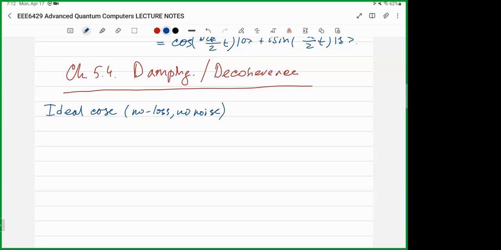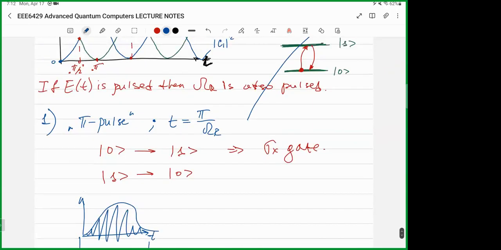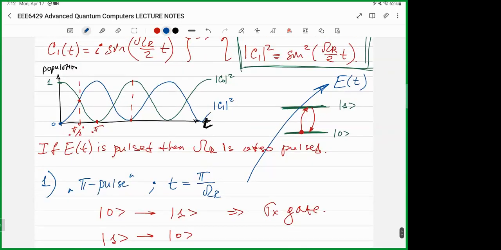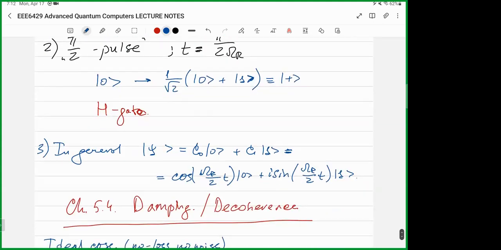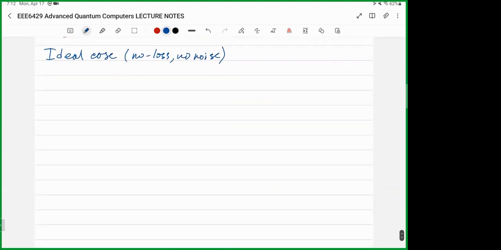All right, so what we just discussed in this picture, we say that if we have a qubit, we excite this qubit by a wave. It will behave like this and then oscillate somehow.